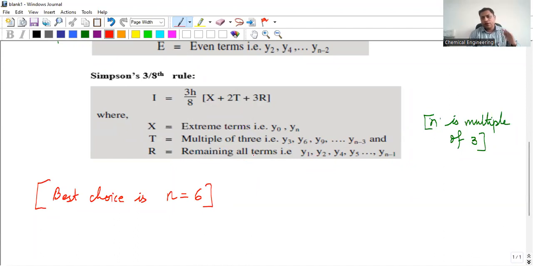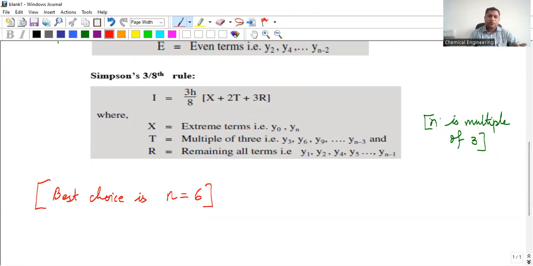So the minimum number of subintervals that we should consider is 6. We can consider more than 6 also, but then we have to consider multiples of 6 only, so that it satisfies all the rules.